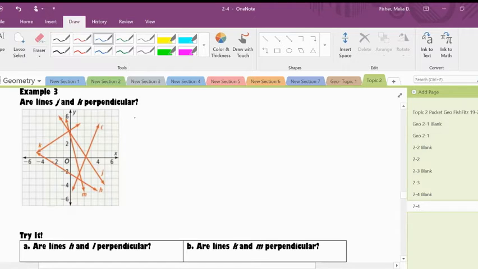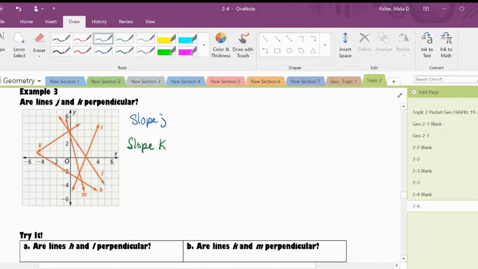So we're talking about the slope of J, and then we're going to need the slope of K, and then we'll compare them. So slope J, we need to find 2 points of intersection on this line.